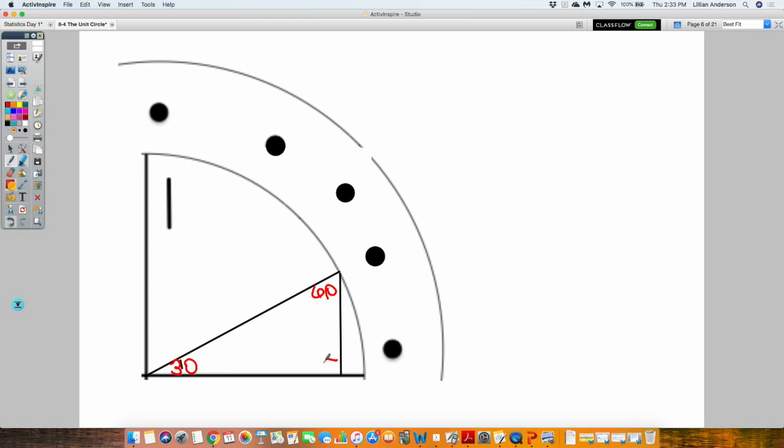This is 1/2, this is 1, this is square root of 3 over 2. This is what your little triangle looks like. This dot corresponds to what angle measure? Say again? It is 30 degrees. From its initial side to its terminal side, that is 30 degrees. This here is 30 degrees. That's what that dot corresponds to, is 30 degrees.